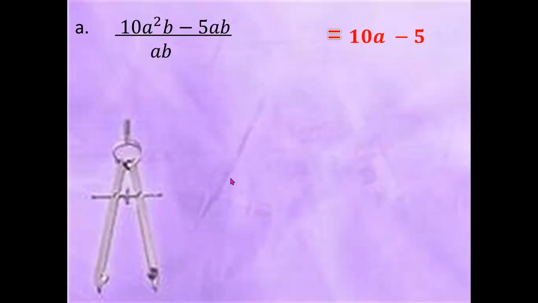Okay, why 10a minus 5? All right, so take note, you have there 1. So 10 divided by 1 is 10. A squared and a is a. b and b is cancelled, right? So therefore, you have here 10a, because b and b, 0.